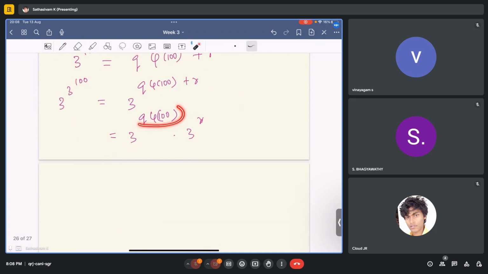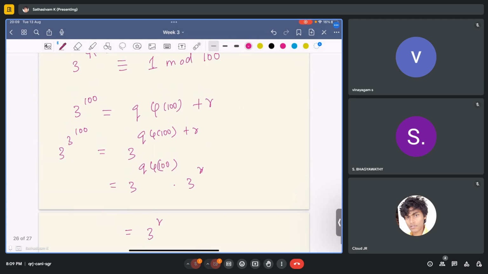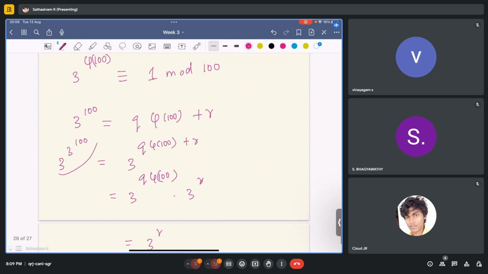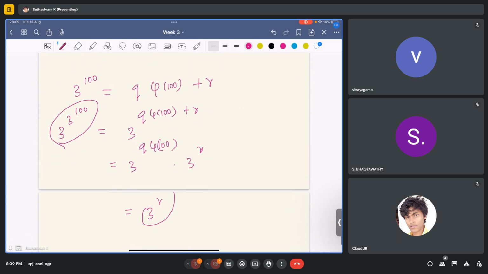Now this will go away. This became 1 because 3 power phi of 100 is 1. So this is nothing but 3 power R. What we have here is 3 power 100 is nothing but 3 power R.